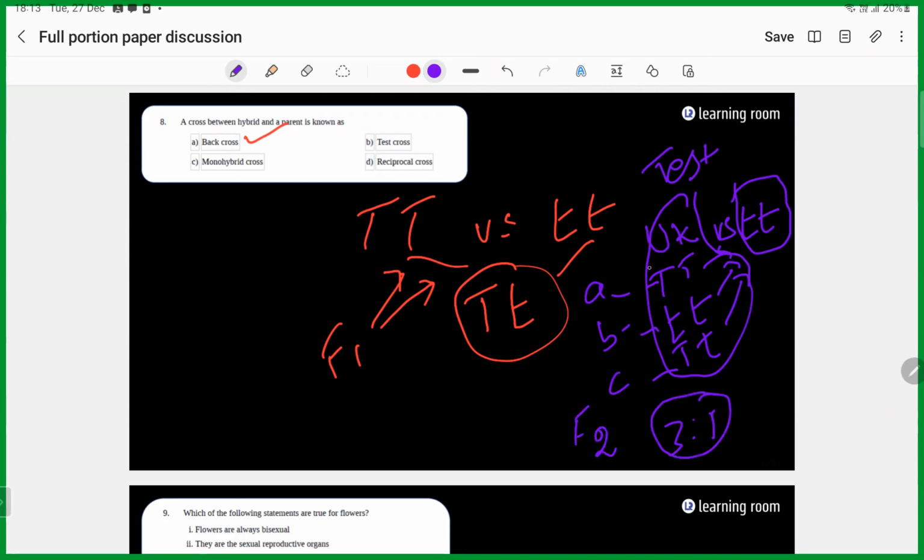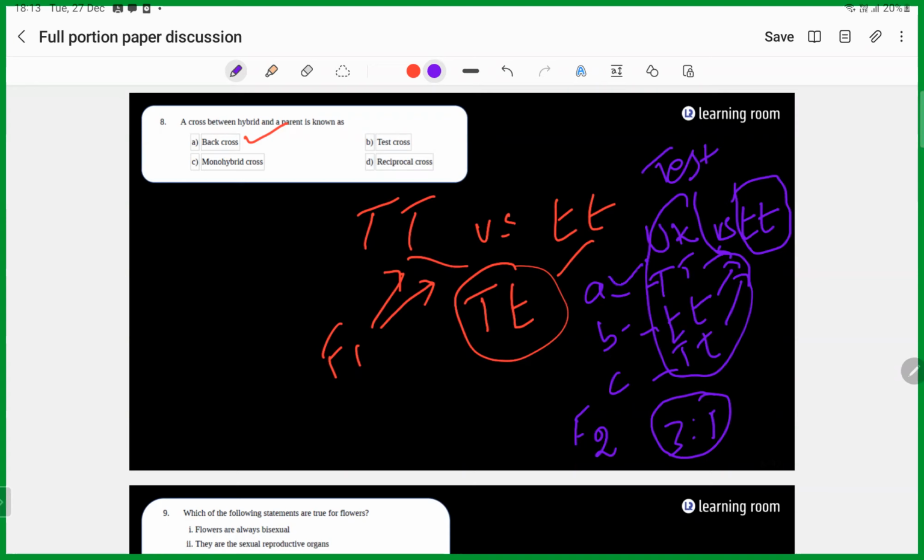What is the genetic composition of this unknown one? Homozygous. If you get 3:1, it is like this only.